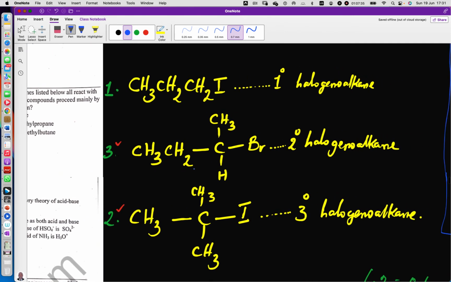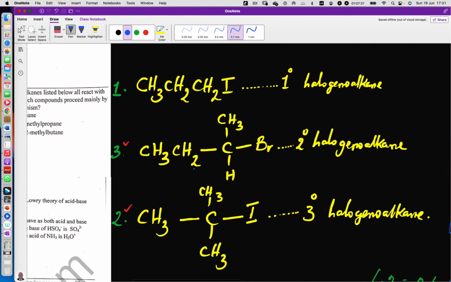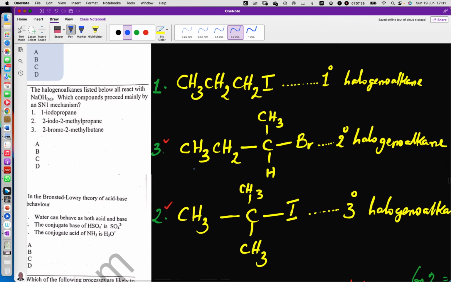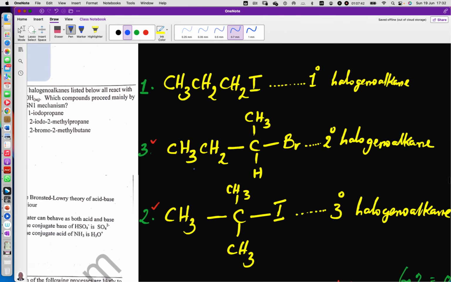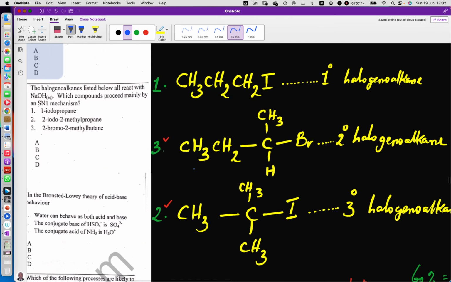In drawing the structures, the first one is 1 iodopropane. This is 1 iodopropane. That is the first one. Then the second one, which is 2 bromo, 2 methyl butane.